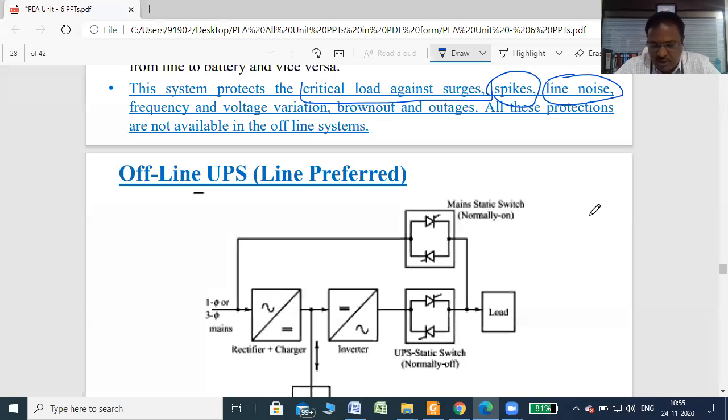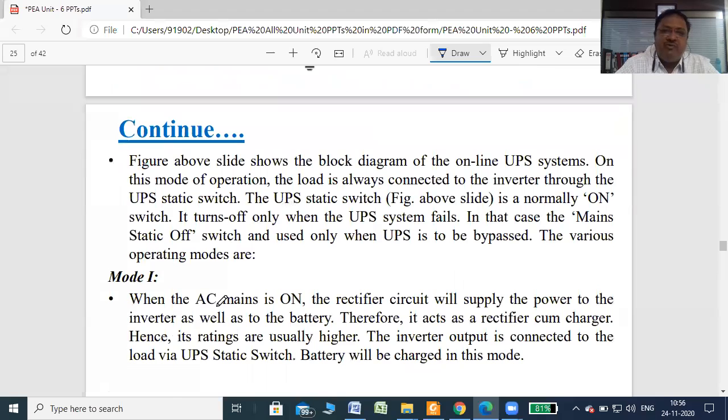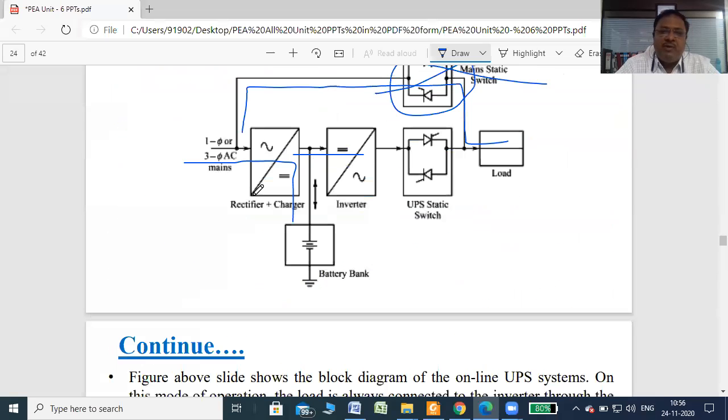But in the normal situation, the main static switch is continuously off, so the load is not fed from the main source and line noise is reduced. Regarding frequency and voltage variation, we already know the supply voltage has 50 hertz frequency, which is converted into DC and then given to the inverter, so the inverter may have variable voltage or variable frequency. That is possible.